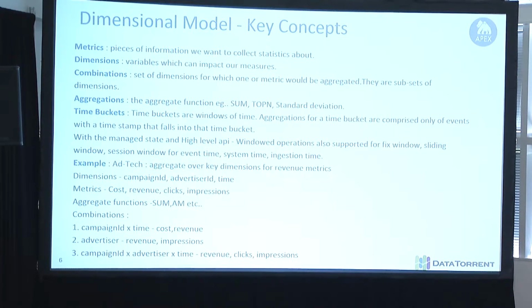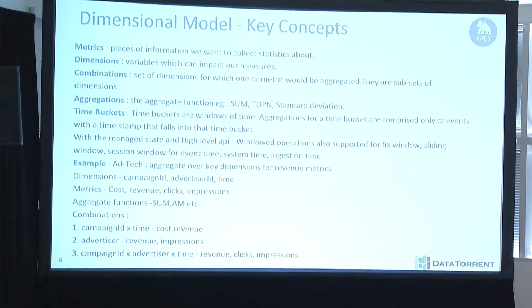Dimensions are the variables which impact the metrics, or due to which metrics are impacted. For example, the page on which you're viewing something could be a dimension. The publisher who is hosting that ad, or on whose page you're going to serve that ad, is publisher ID, could be a dimension. The advertiser whose ad you're viewing could be a dimension.